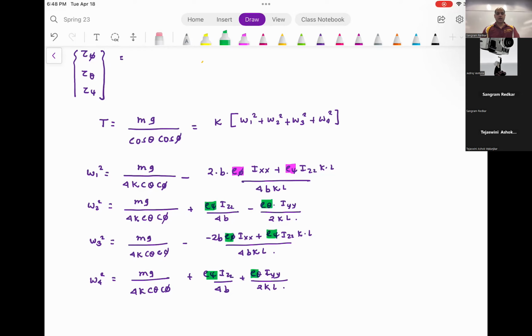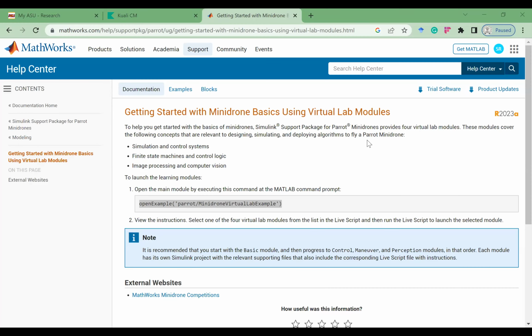Now what I would like to do is show you MATLAB. MATLAB mini drone modules. What I want you to do is look at the Parrot example, Parrot mini drone.